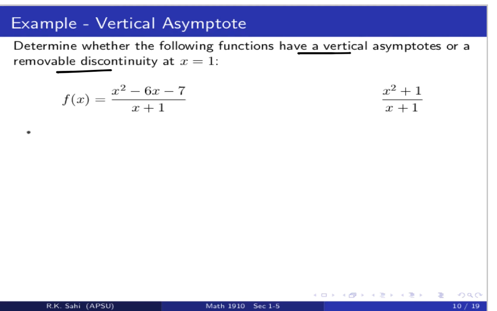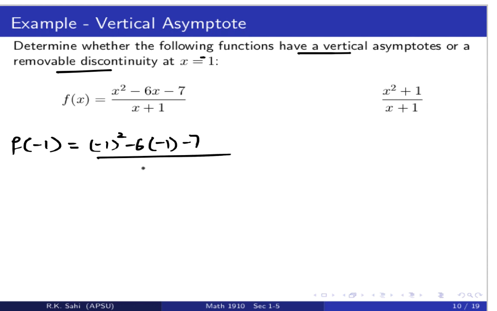Okay, so clearly when I plug in x equal to -1, there's a typo here, guys. So f of -1, what do I get? -1 squared plus 6 times -1 minus 7 over 0. So it's 1 plus 6 minus 7, over 0. Okay, what are we getting?